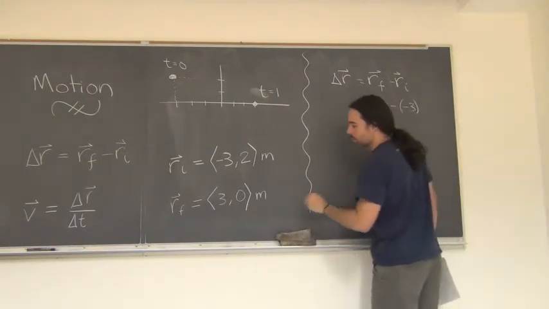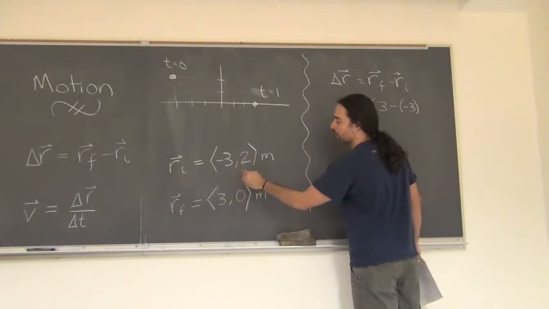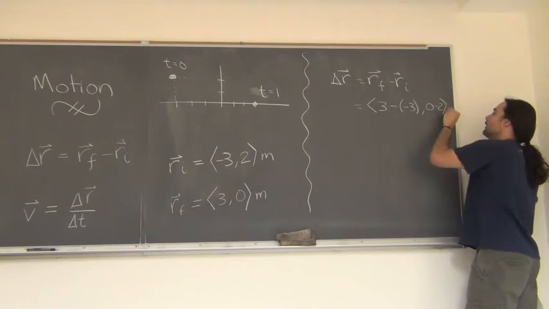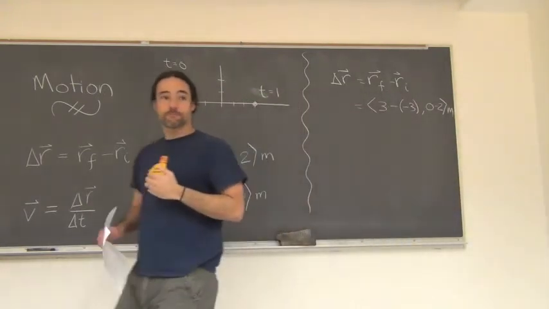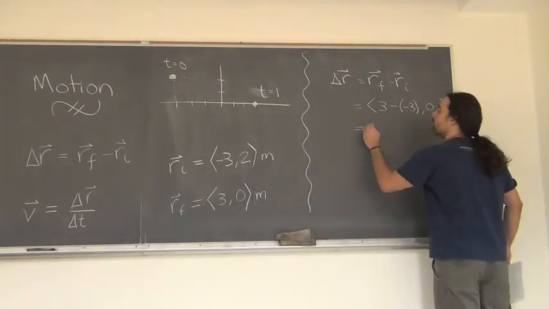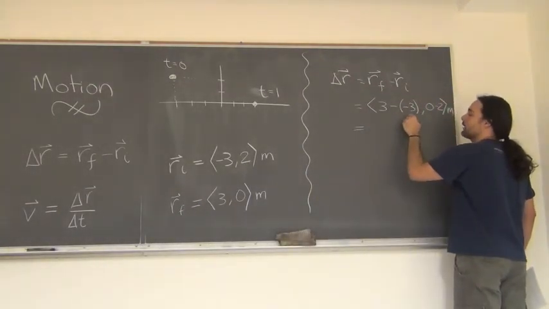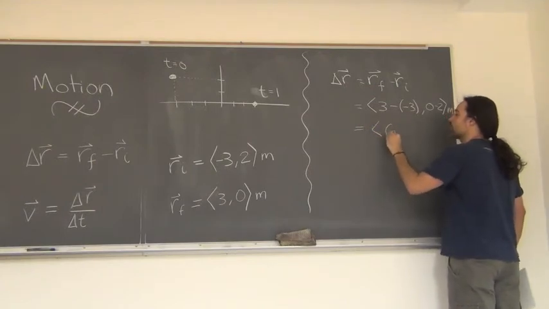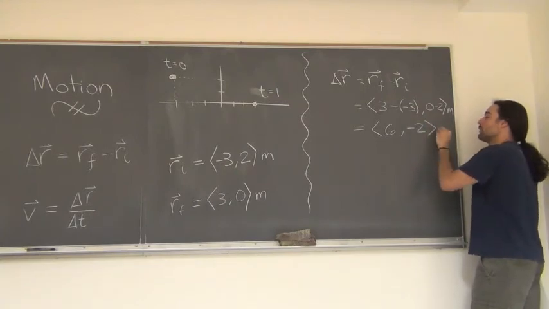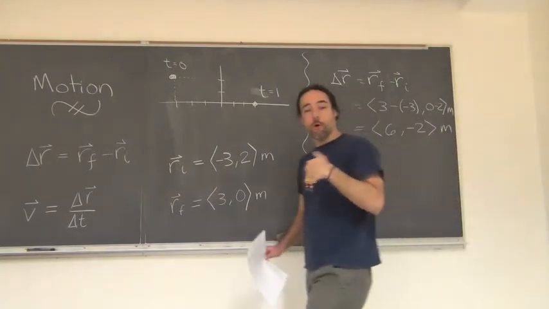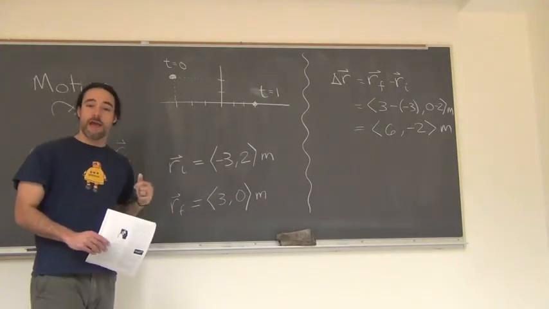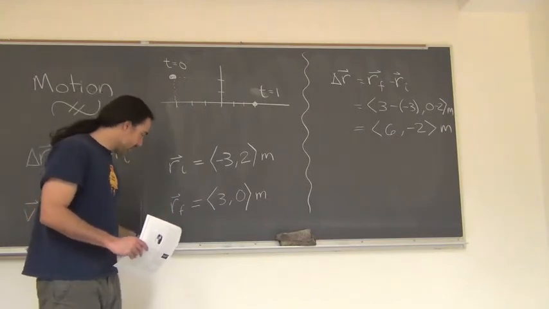And for the y component, that would be 0 minus 2. And those are both in meters. Doing out the math for that, 3 minus -3 would give me 6. And then 0 minus 2 would give me -2. So my displacement would be over 6 meters to the right and down 2 meters, which is exactly what we have here.